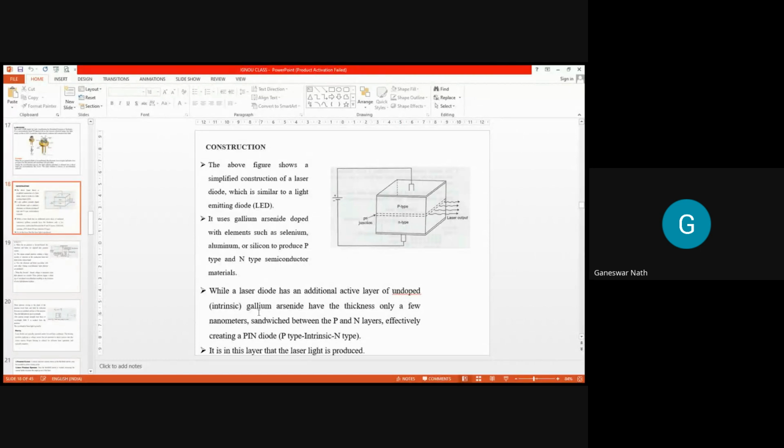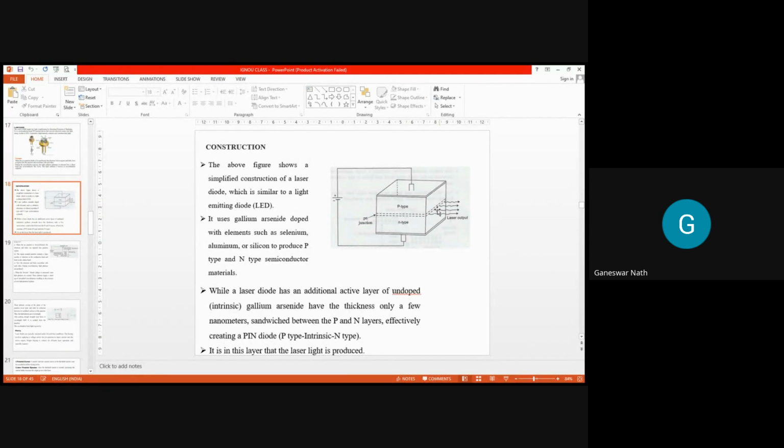While a laser diode has an additional active layer of undoped intrinsic gallium arsenide. You can see this layer is an undoped layer, pure gallium arsenide, which is called intrinsic. It has a thickness of only a few nanometers and is sandwiched between the P and N layers.